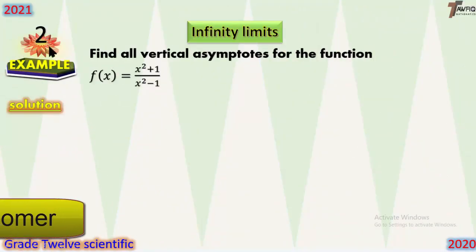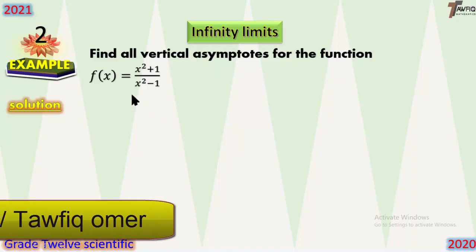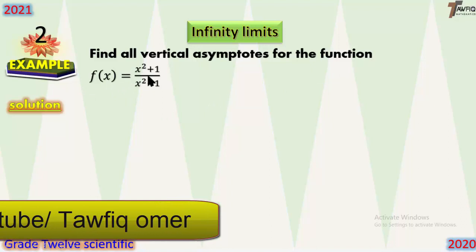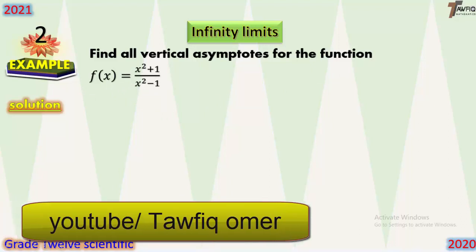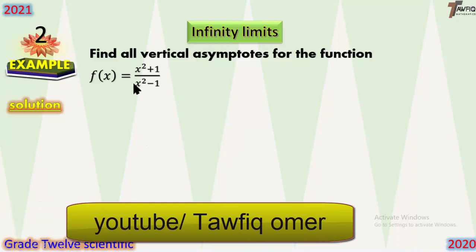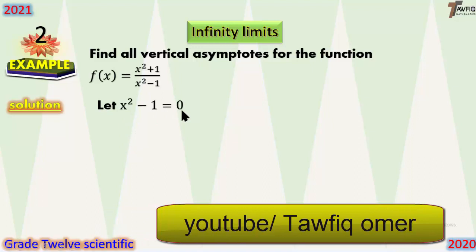Example number 2. Find all vertical asymptotes for the function f(x) equal x squared plus 1 over x squared minus 1. Now take the denominator x squared minus 1 and equal it to 0.